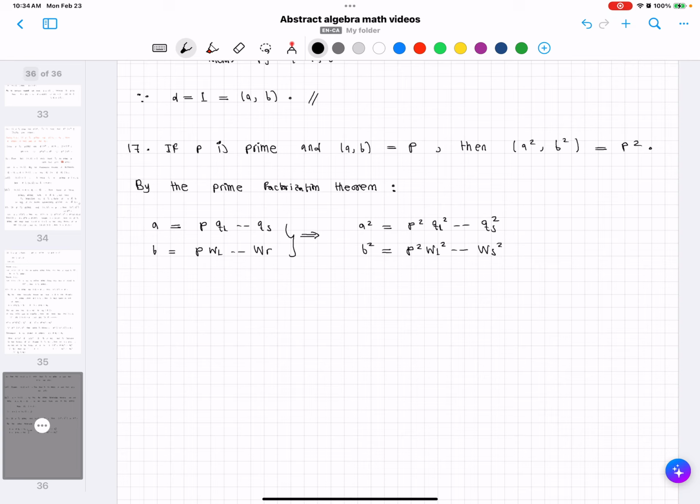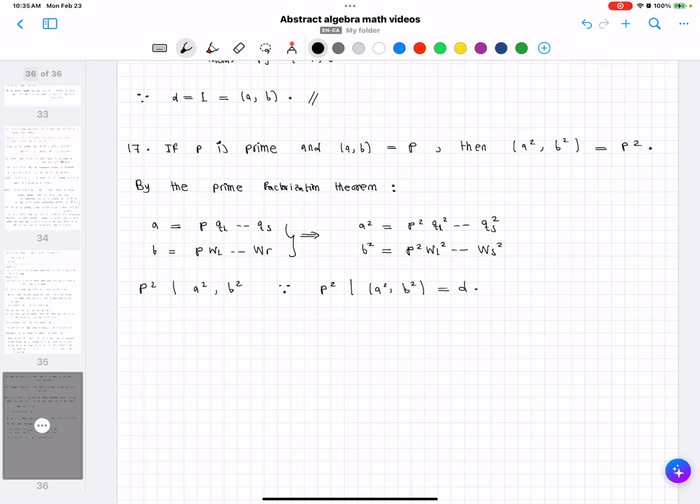So we have that P squared divides both A squared and B squared. So in particular, it divides the GCD of A squared and B squared, which is equal to D.